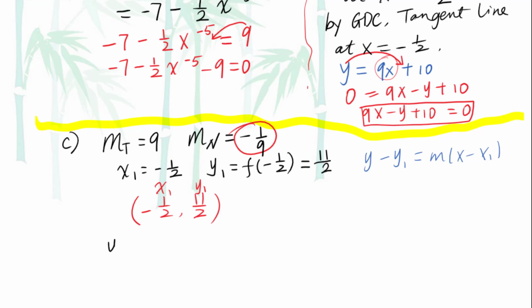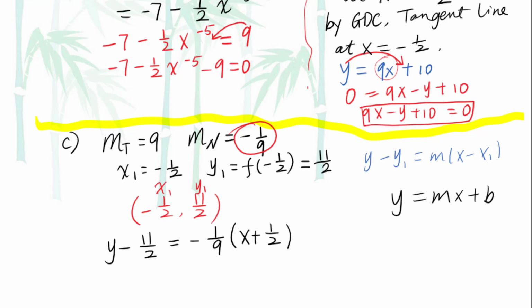Therefore, y minus 11/2 equals -1/9 times x minus -1/2, which is plus 1/2. Since we are looking for y equals mx plus b form, we need to do the distributive property, equals -1/9x, -1/9 times 1/2.